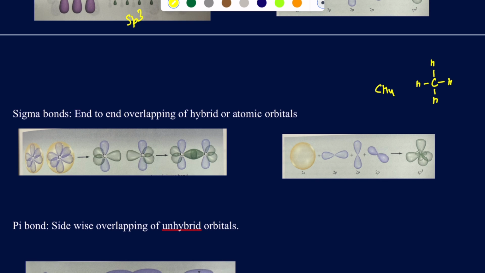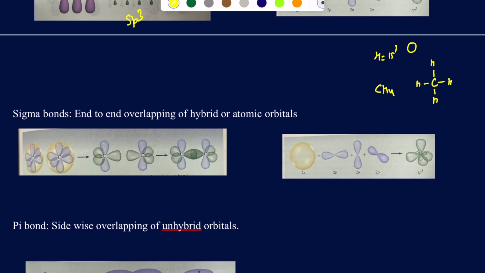And since I have four bonds around the carbon, that tells you it must have four hybrid orbitals. We'll talk about that in a minute as well. But then focus on what is coming from the hydrogen. Hydrogen only has a 1s1 orbital in there, so it's just a sphere.